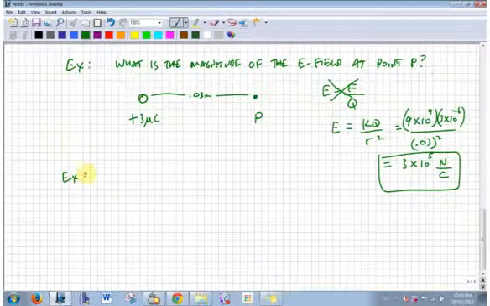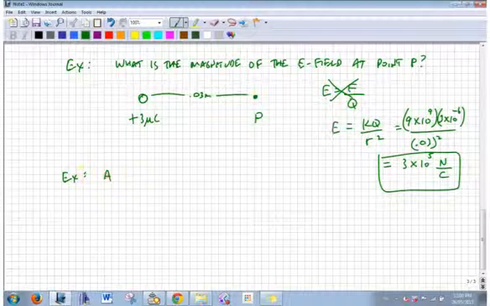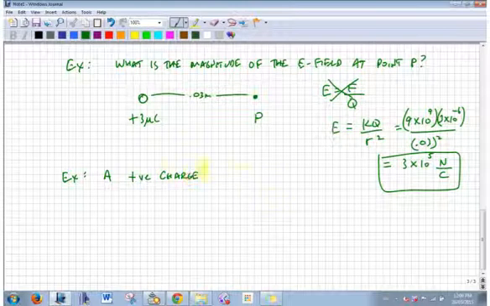Okay, one more. Let's look at some components. What does that funny abbreviation say? Positive.